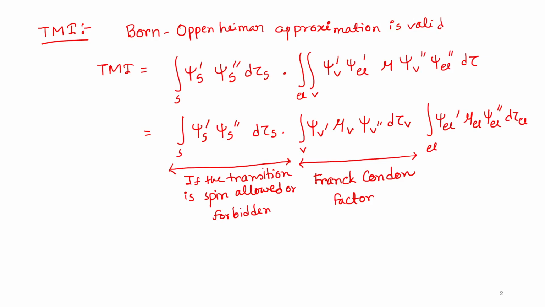That will depend on how much overlap there is. And this is the orbital part. This will depend on whether the transition is orbitally allowed or not.